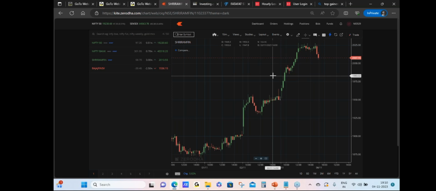First point: moving average is a mathematical average of past candle close prices.